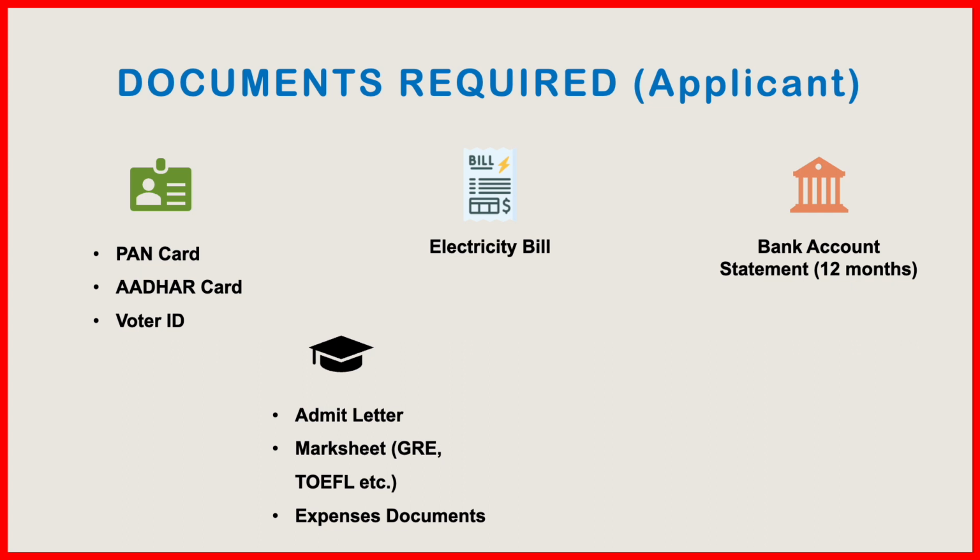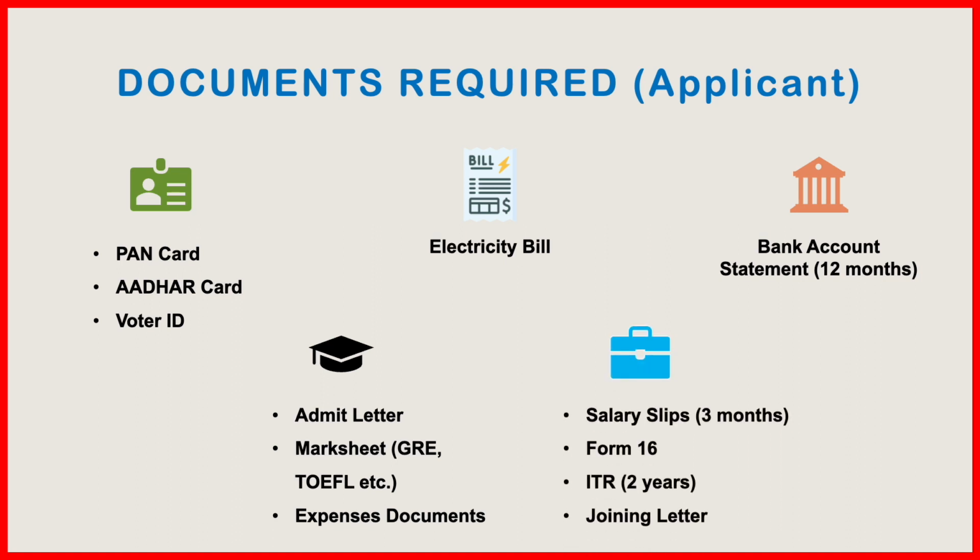They will require admit letter and academic documents like 10th, 12th and graduation mark sheets. If the student has given any competitive exam like GRE, TOEFL, IELTS, then he has to provide the scorecard. Student also has to provide the expense documents such as I-20 or any kind of mail from the university wherein breakup of tuition fees and other expenses are mentioned.